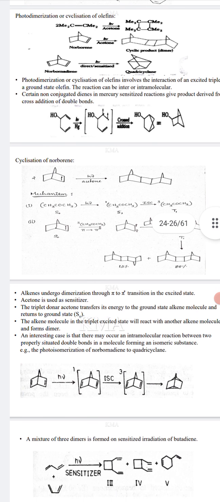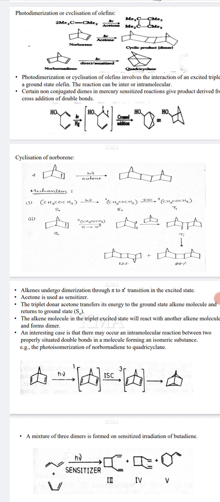So here in the mechanism you can see this, which is in the singlet ground state, it absorbs light and forms a dimer, that is norbornene.